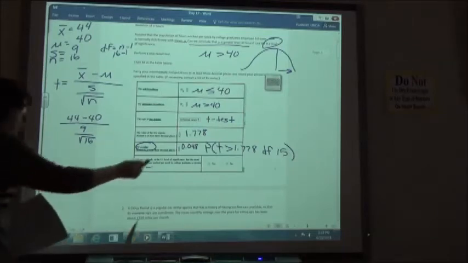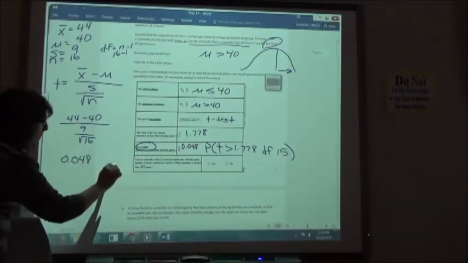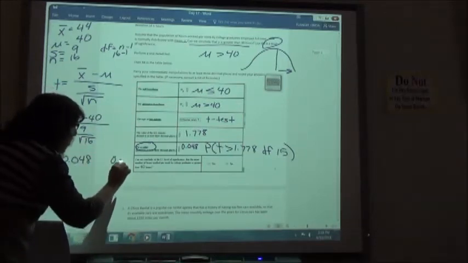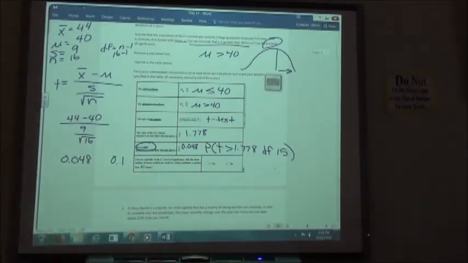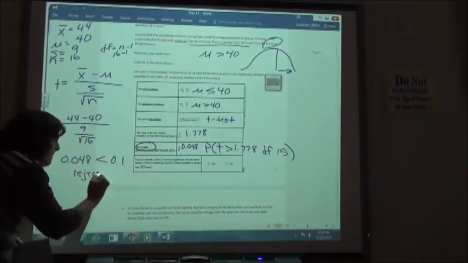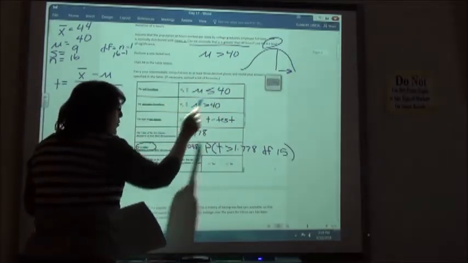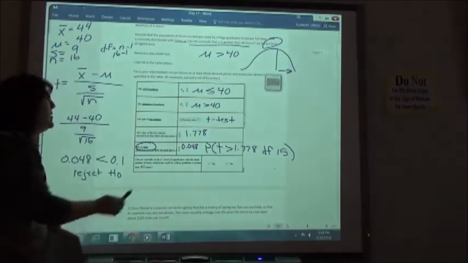So my p-value, 0.048, comparing it to 0.1, is that less than or greater than? It's less than. If this is a less than, means it's not true, we're going to reject the null hypothesis. That means we're going to say this is not true, this one is true, right?